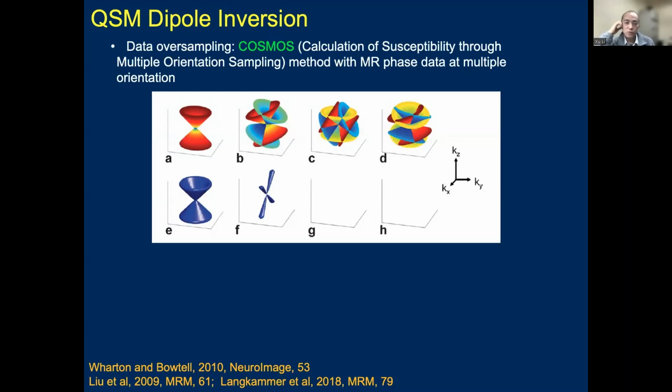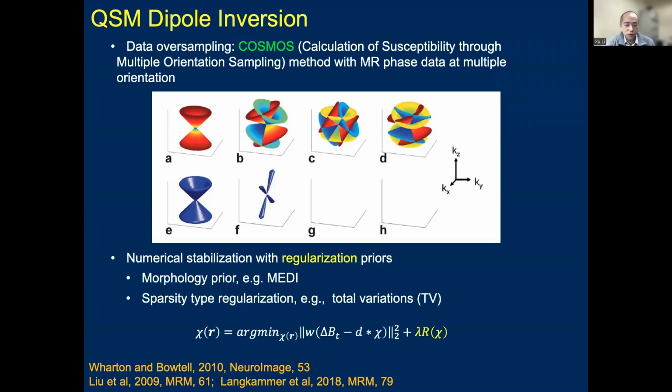In this method, we acquire the MR phase measurement at three or more head orientations. In that way, we can fill the singularity regions in the dipole kernel, and the inversion becomes an overdetermined problem. COSMOS is usually considered the gold standard approach in QSM, but it's expensive in terms of acquisition.